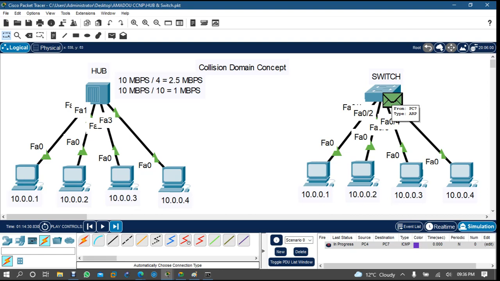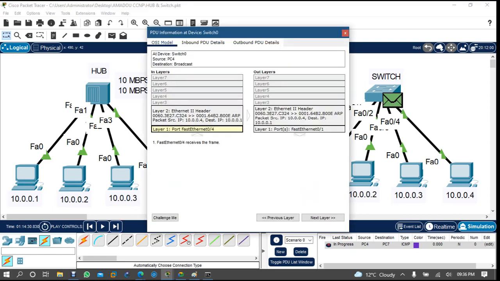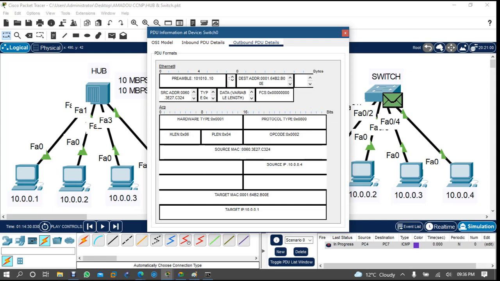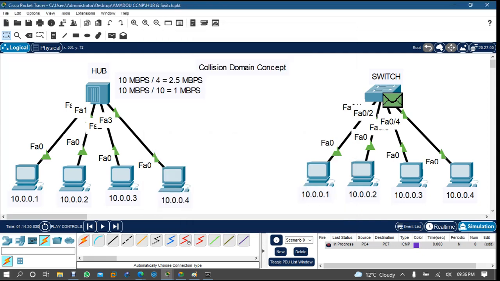Now see, still our packet is there. Are you understanding? Can you see? If you click here, still our packet is there, but once this packet is received by the switch, what will the switch do? See this, the switch will change that packet to ICMP.